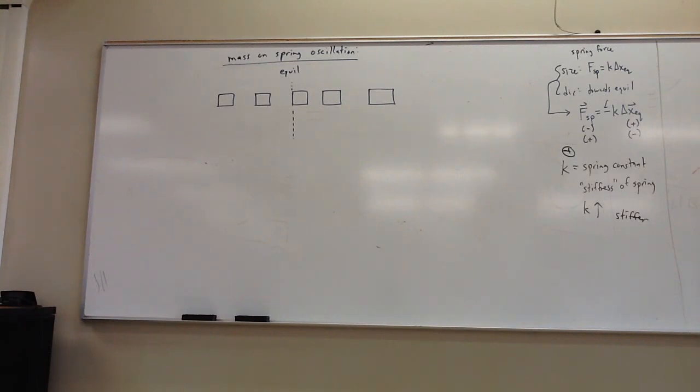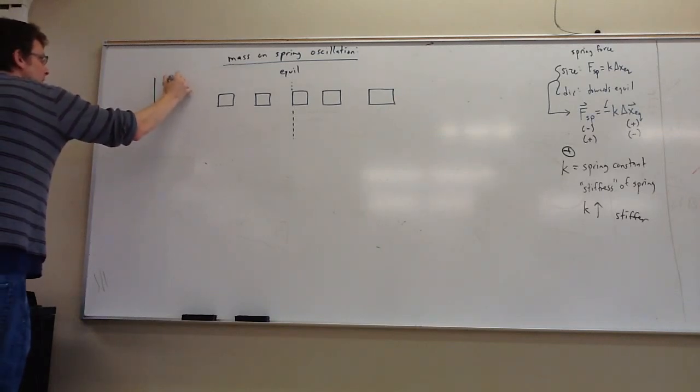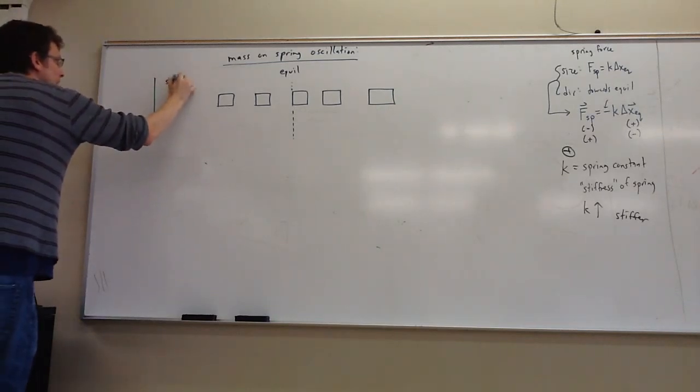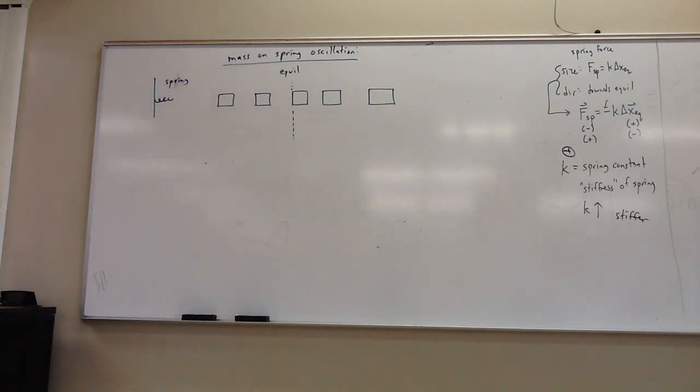Let me not draw the spring, because obviously if I try to draw the spring attached to all these, it's going to be a whole mess, right? But you can imagine there's a wall over here, and the spring connects the wall to each of these masses. Or rather, these aren't different masses, it's the same mass that's oscillating.